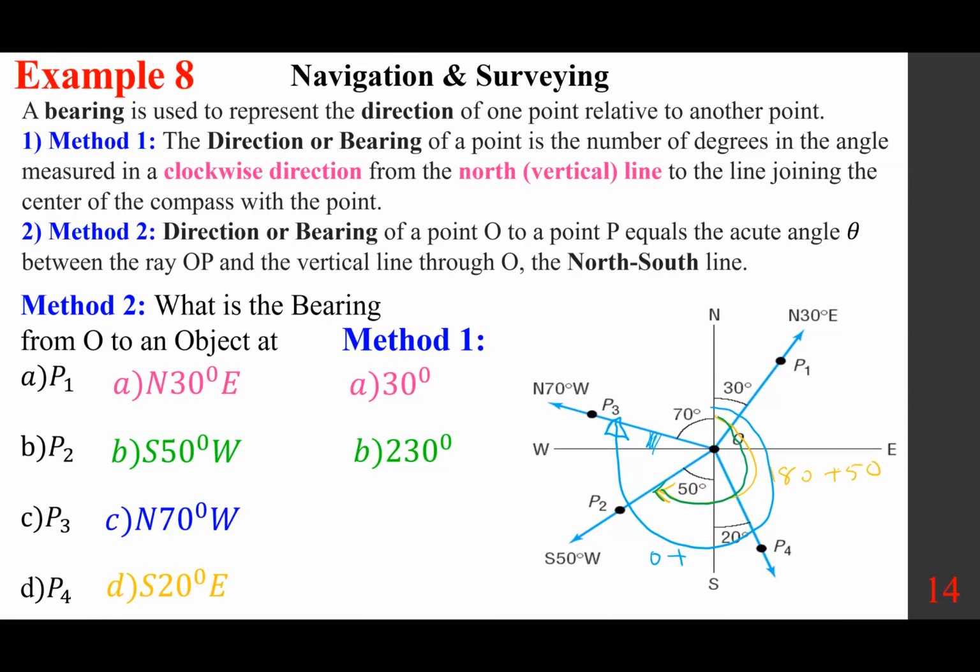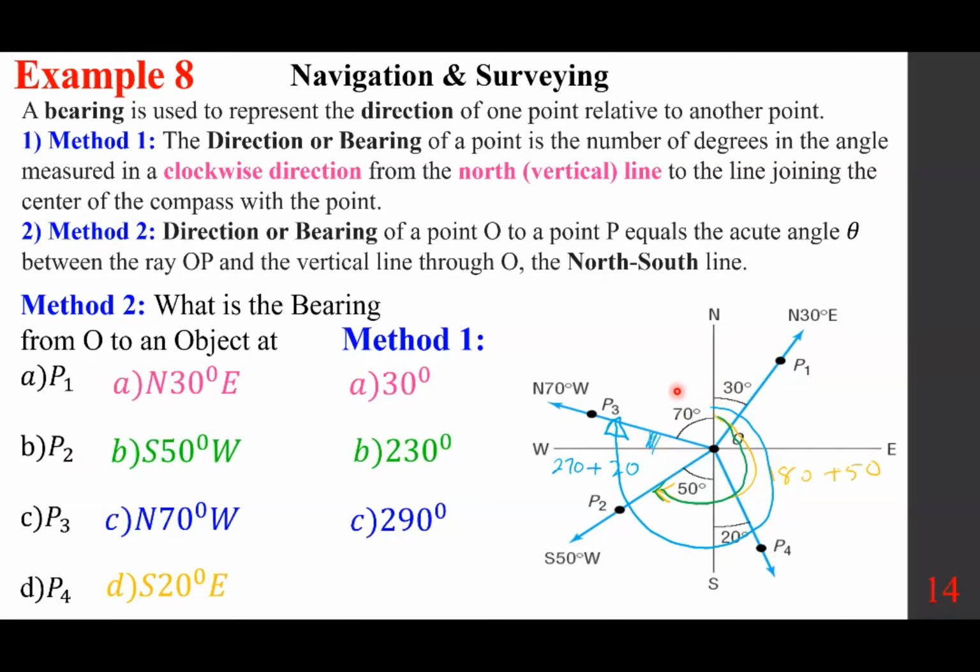I said 270. So this angle is 270 plus 90 minus 70, 20, and makes it 290 degrees. Let me again explain it to you with the laser. So this is 180 degrees. This is 270 degrees. We need to add this much.